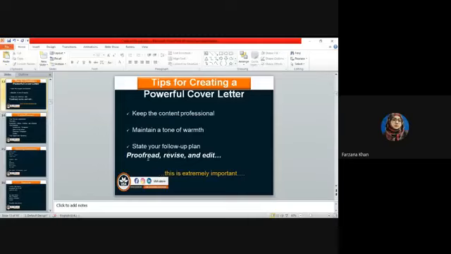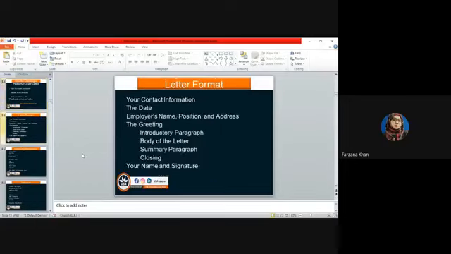And if there is any mistake or need of correction, then revise and edit it, because if you commit a mistake, even a slight punctuation mistake, in the first step of the job application process, then you will lose the job. You will not be able to secure that job.